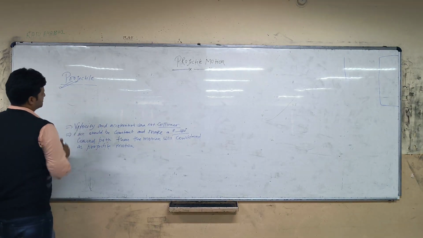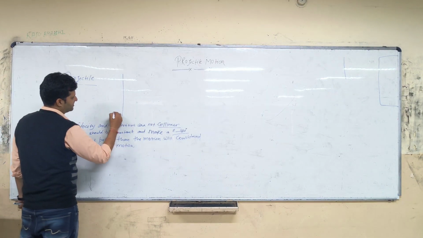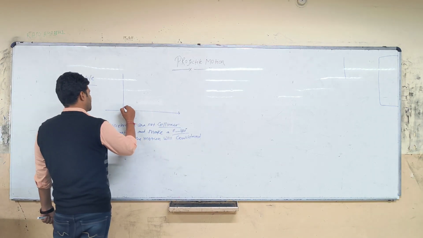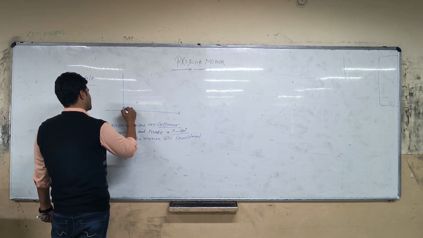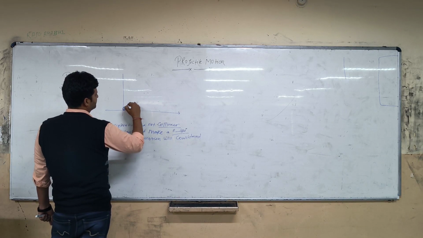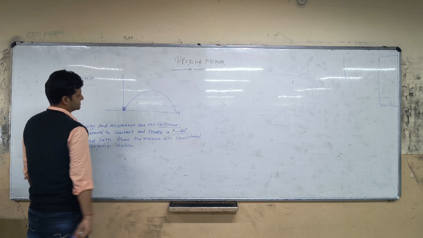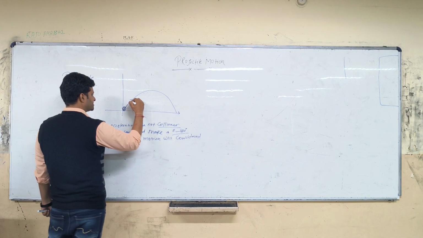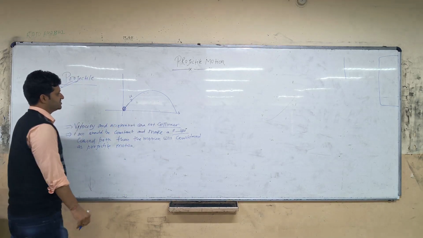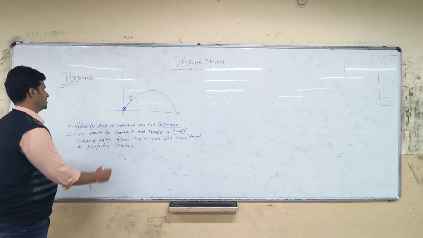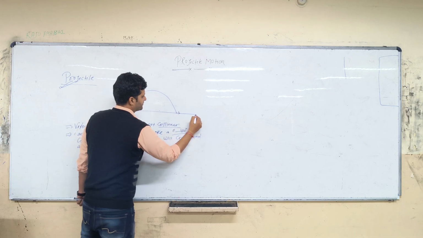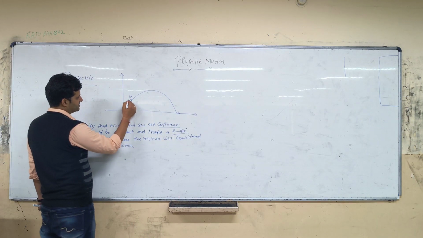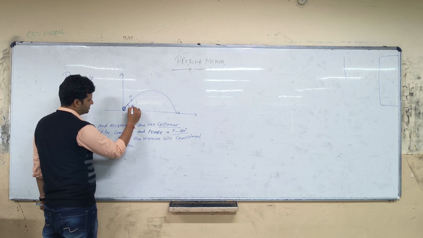Let us suppose with a diagram, it will be helpful for you. Suppose I have taken an object and it has been thrown up like this. I have thrown this object with velocity u, at a certain angle theta.